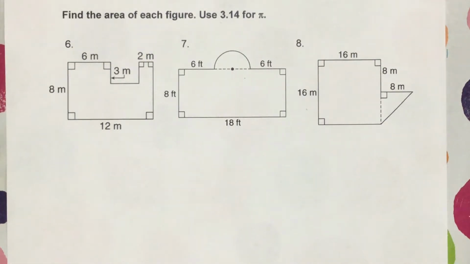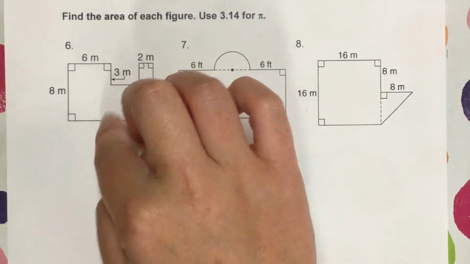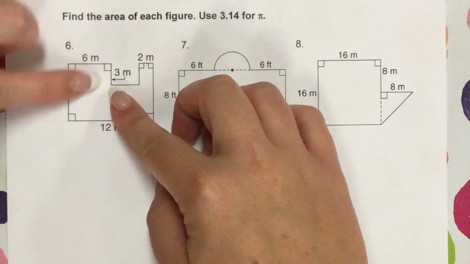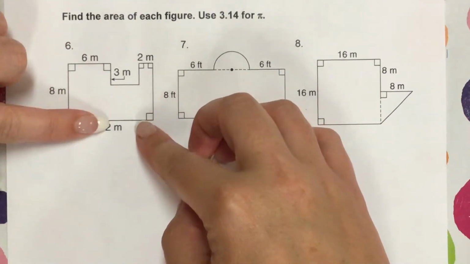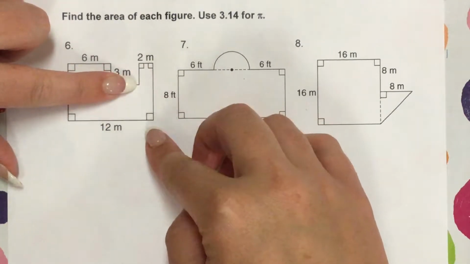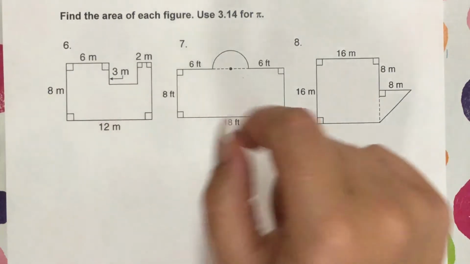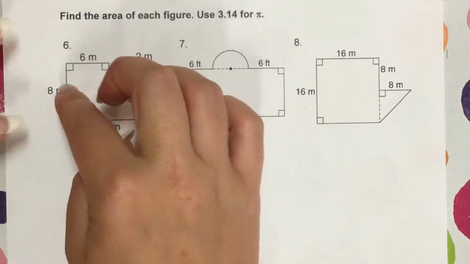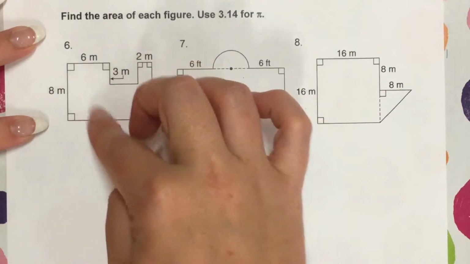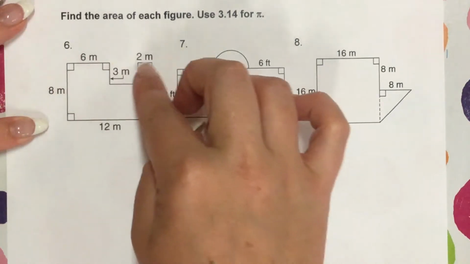You could divide it so this would be one shape here, there you'd have another rectangle there, and then you have another rectangle, so you have 3 different rectangles. Or you could divide it here where you have this really big long rectangle and then this small one here and this small one there.